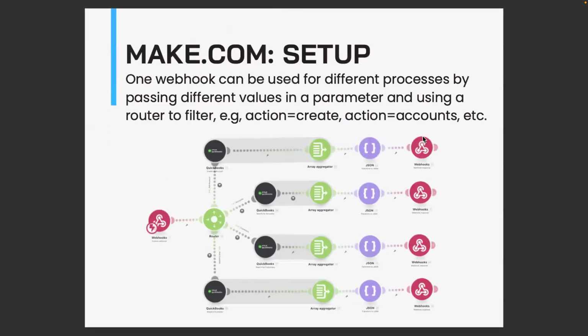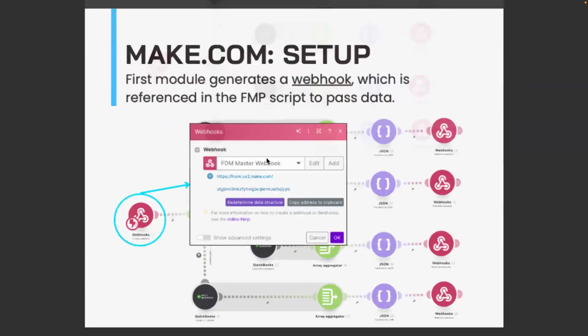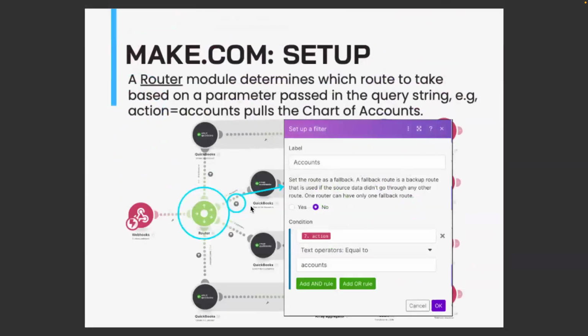So what the scenario looks like, I needed two different scenarios to accomplish this. The first one, each one starts off with a trigger that is based on a webhook. So this is the URL that you put into the insert from URL script step. So that's pretty easy. Then we use a router module, which kind of acts like a case statement.